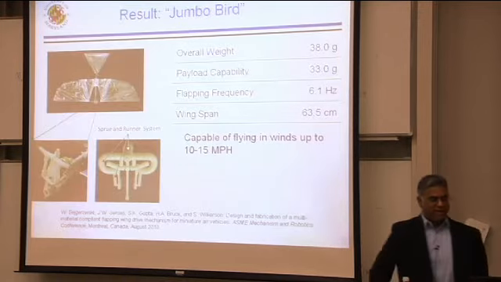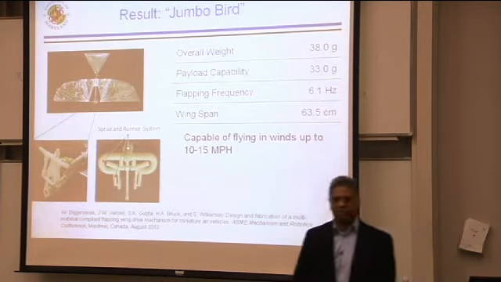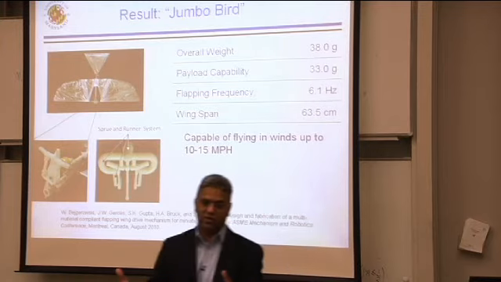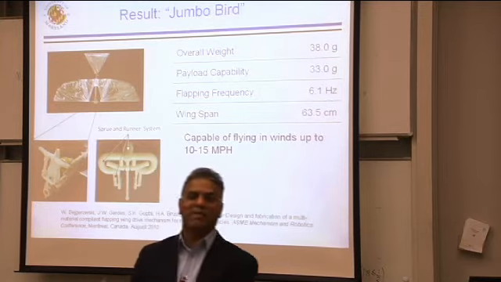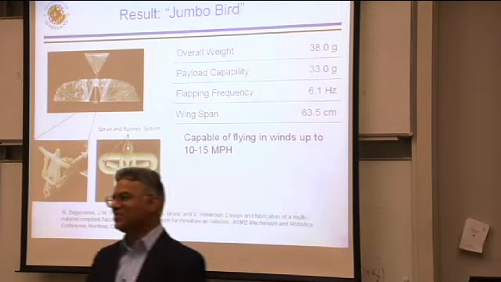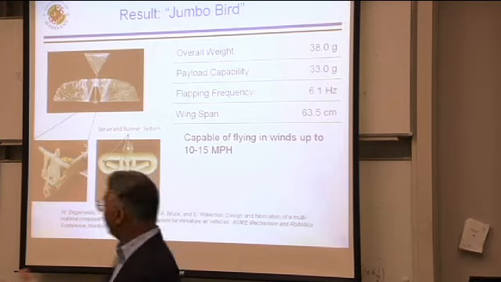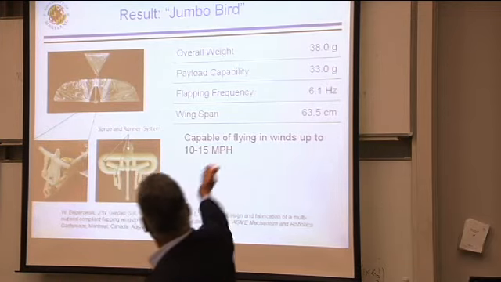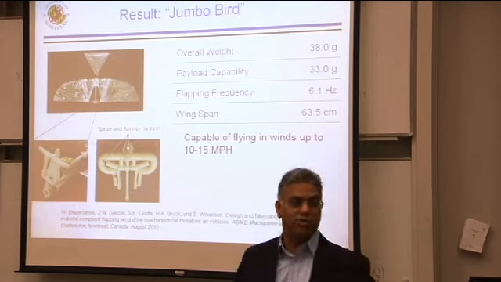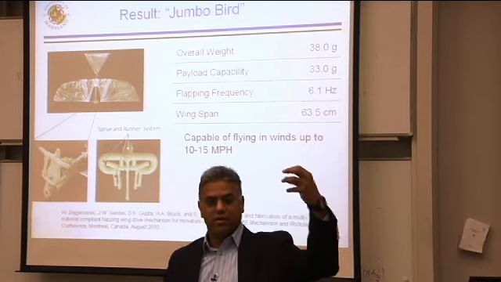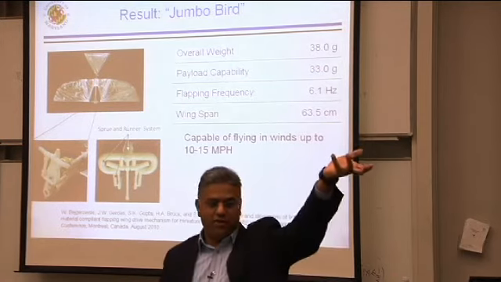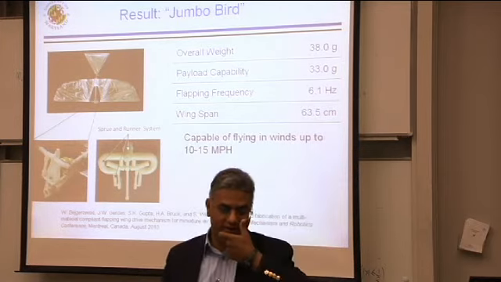Using that, we created a platform which my students called Jumbo Bird, because they thought that after Big Bird the project would die. So we created a platform called Jumbo Bird, which now has a payload capacity of 33 grams. So we are able to nearly lift its own body weight, right?